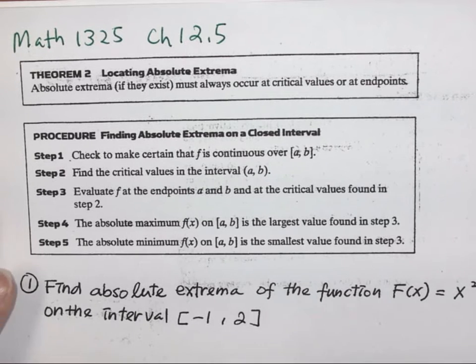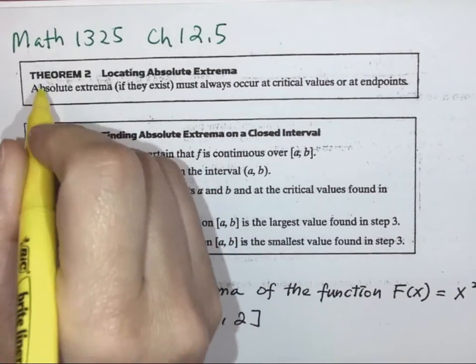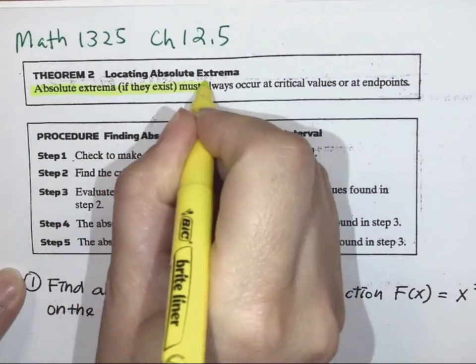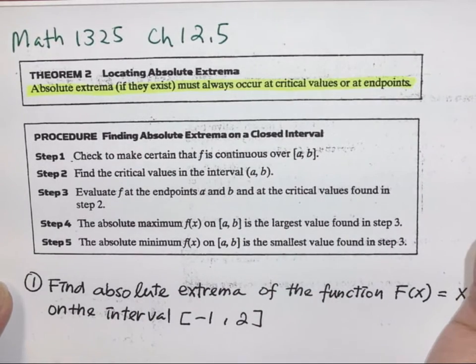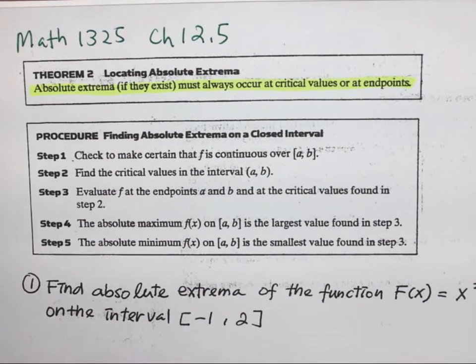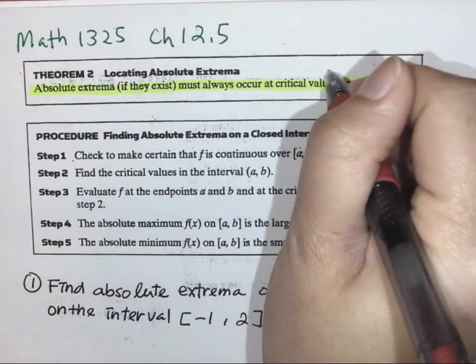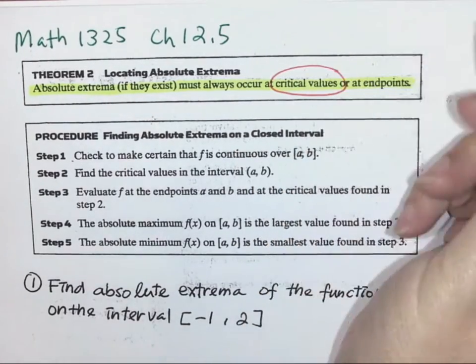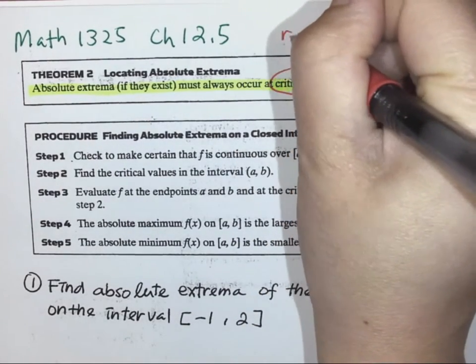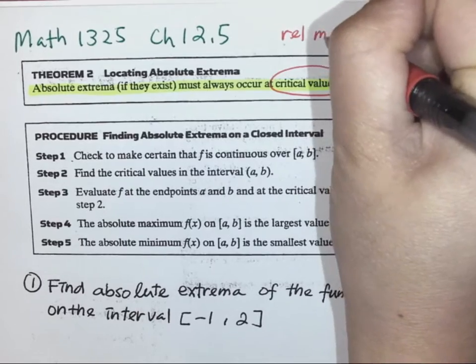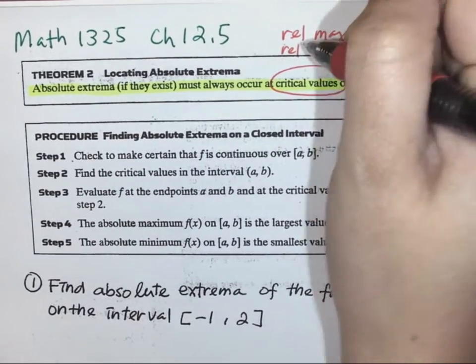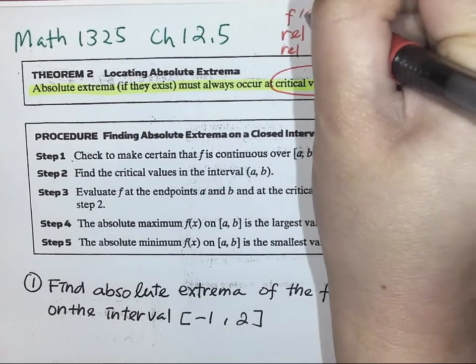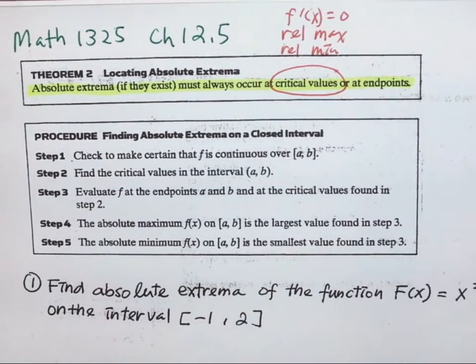They say absolute extrema, maximum and minimum, if you have one, must always occur at either your critical values or at endpoints. So remember we were doing critical values when we take the first derivative, right? Because those will lead to relative maximum and relative minimum when you take your first derivative and set it equal to 0, right?